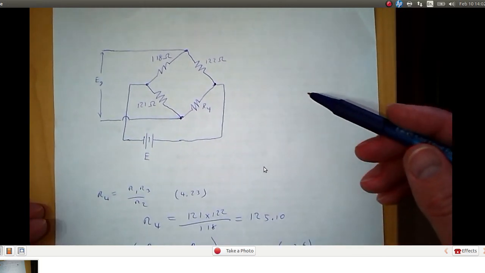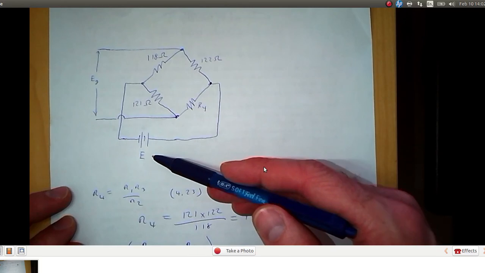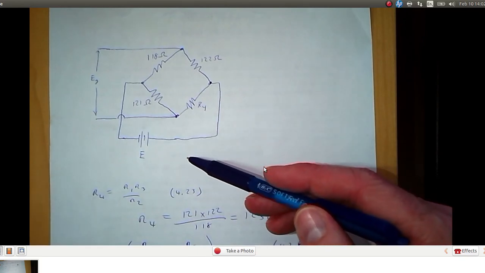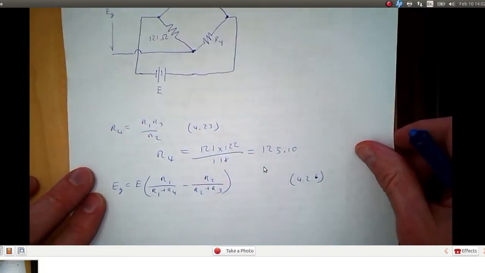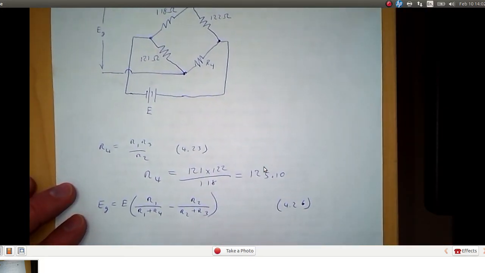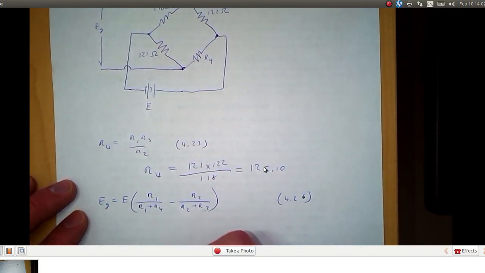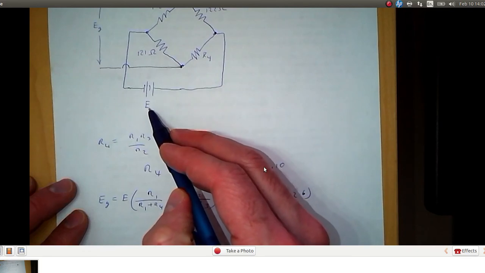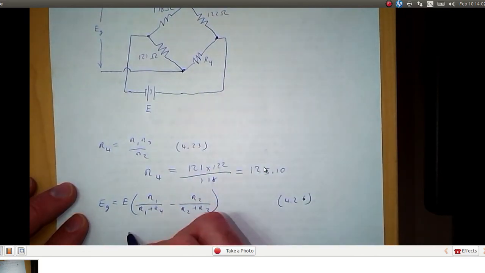Now in another situation, say that we know R4 and we know the voltage E that we're applying. Now we want to determine what voltage we would read. So here again is the expression for the voltage that we measure in terms of the applied voltage E and the resistances. So say this is 100 volts and 122 ohms for E and R4 respectively.